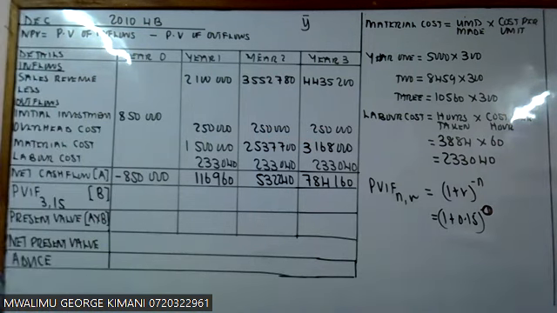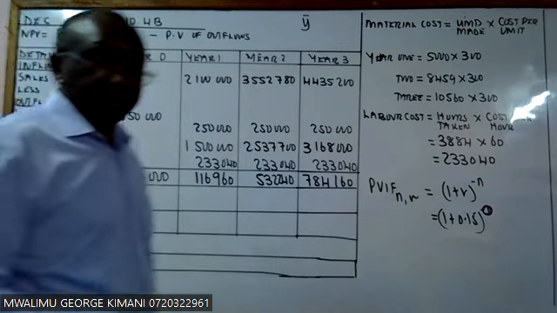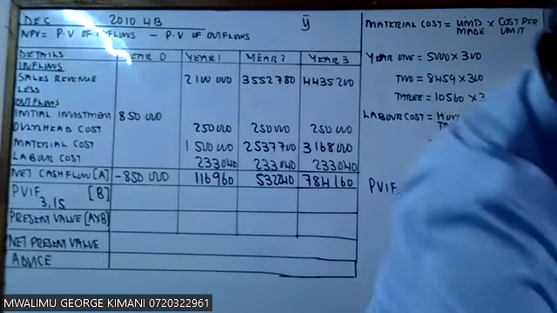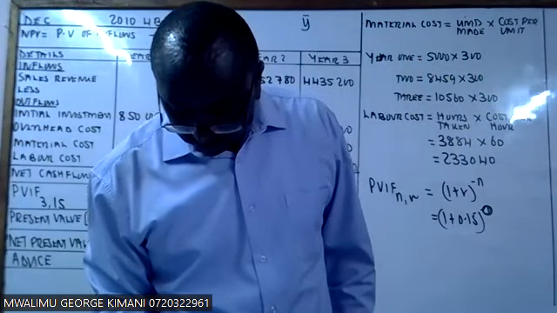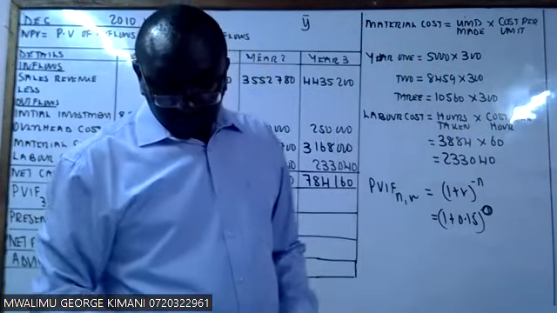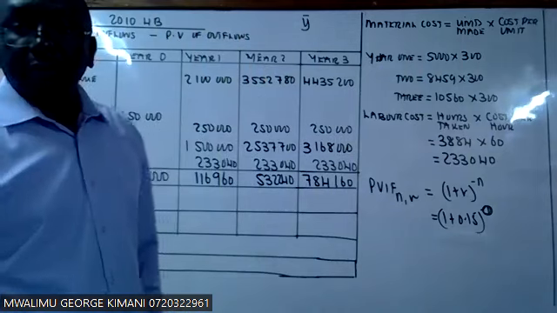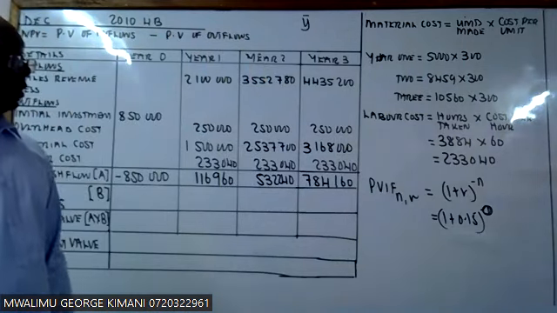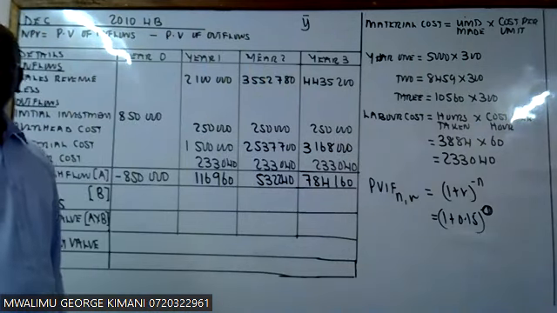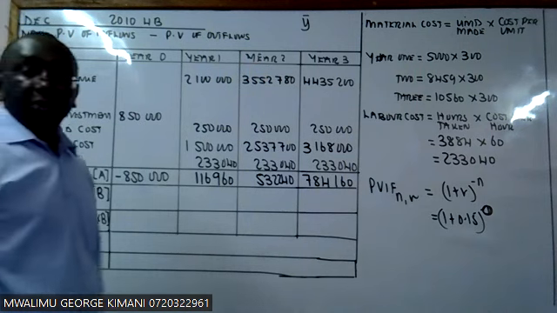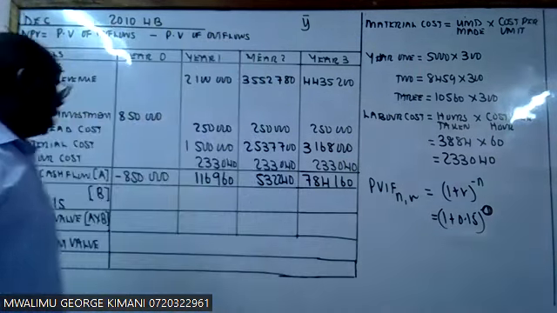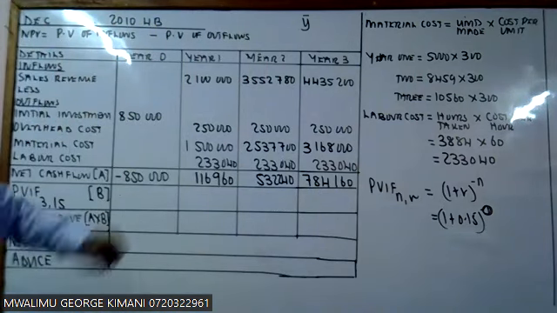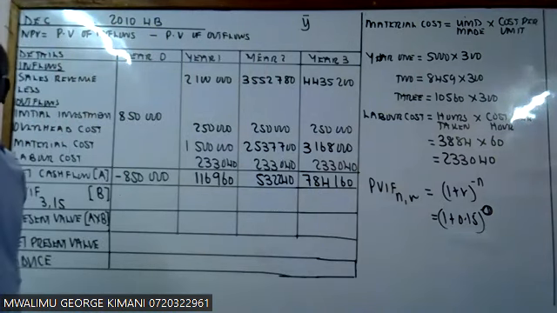For the first one, what do we get there? You either use this formula or you get it from the table. Here, that will be 1 plus 0.15.